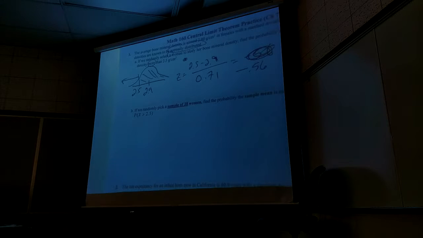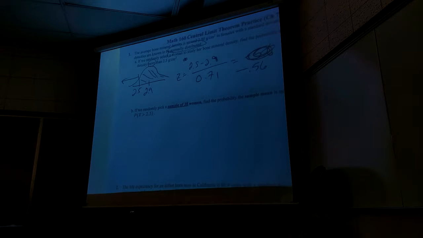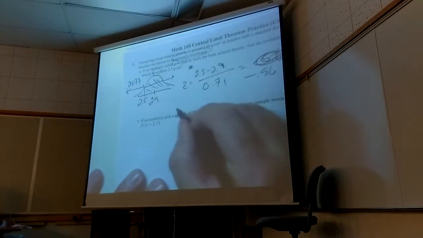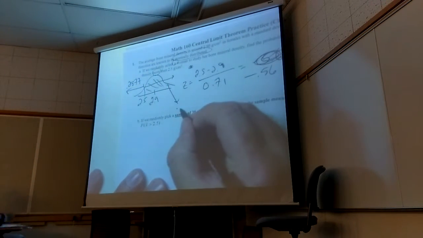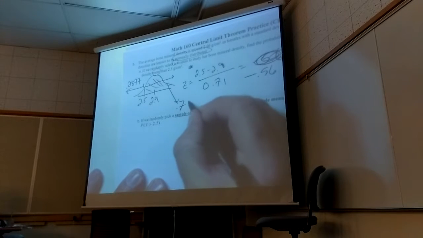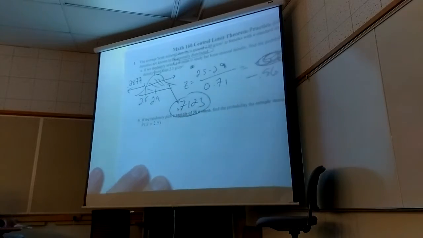If you don't use the shortcut, you look up negative 0.56. I get 0.2877. That's down here. So then what's the right answer? 0.7123.